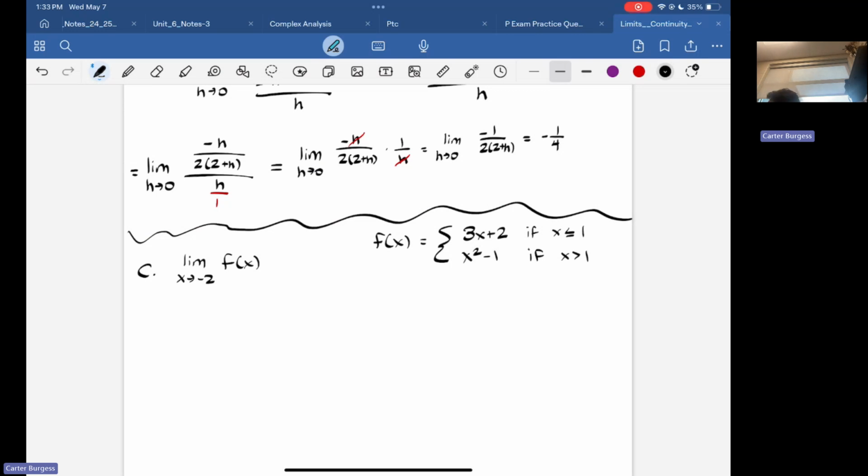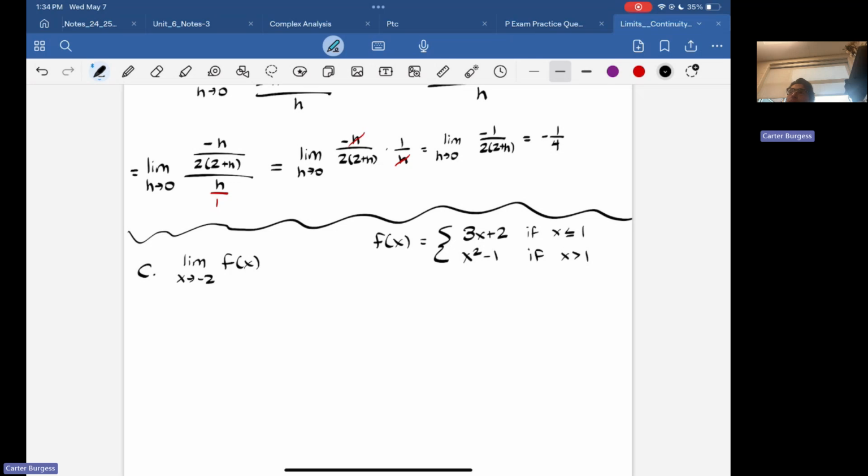Now before, what we've kind of done with our piecewise is we've looked at the top, seen what that's doing, looked at the bottom, seen what that's doing, and looked at whether they agree. We actually don't need to do that here. It's even simpler. If I am looking at what is going on around negative 2, which part of my piecewise function is the one that governs what is happening in the vicinity of negative 2?